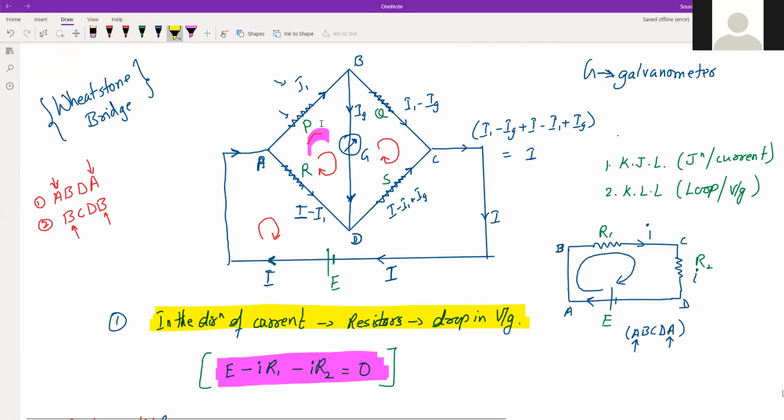You will be varying that resistance, and there will be a point when the current through the section BD will be 0, which can be shown by the galvanometer. When the galvanometer does not show any deflection, that means there is no current through that section. So it doesn't matter what the value of G is, your Ig will be 0.